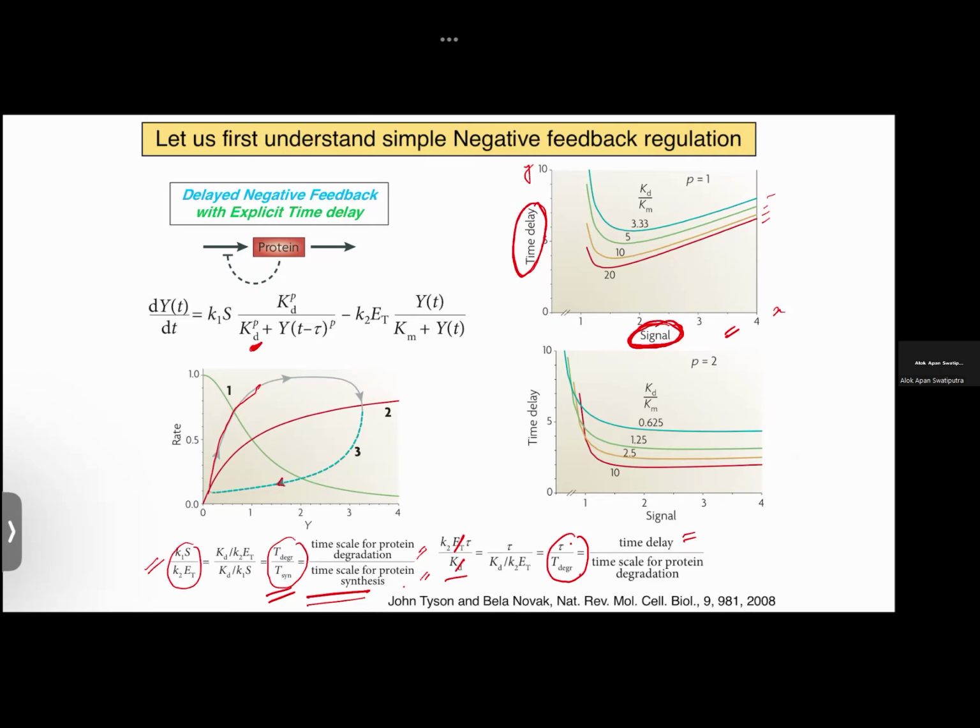I'll show you with one example. Suppose, instead of a 2D plot, you do a 3D one: here you have A, and on the Z axis you have the steady state. There are two parameters.